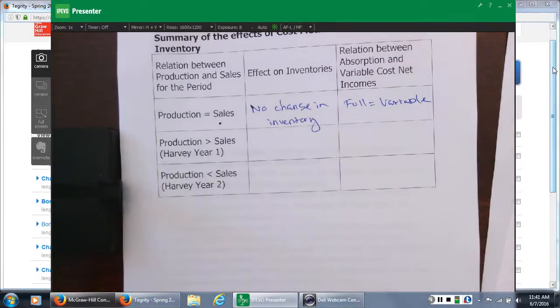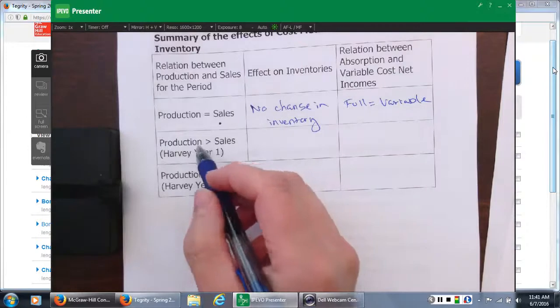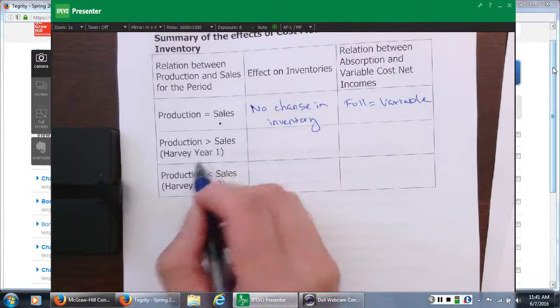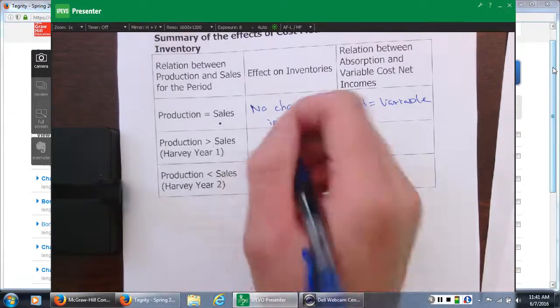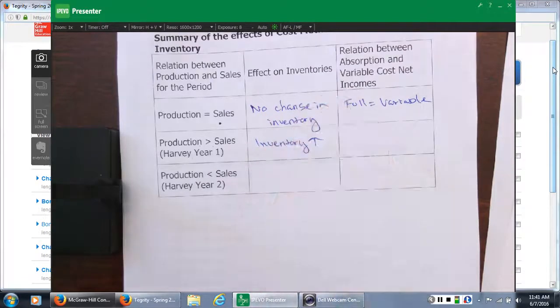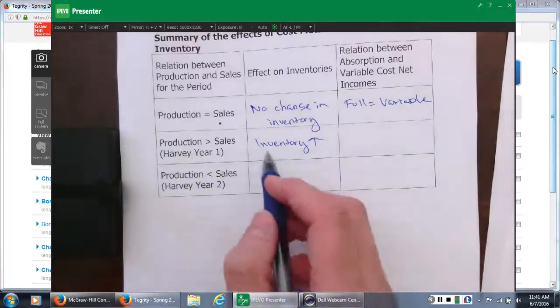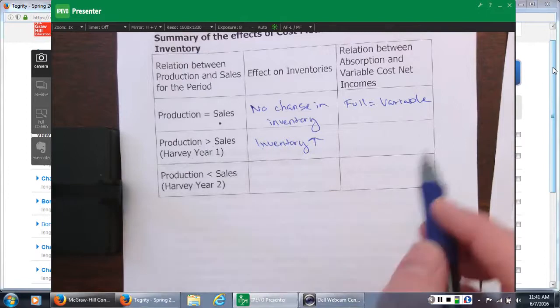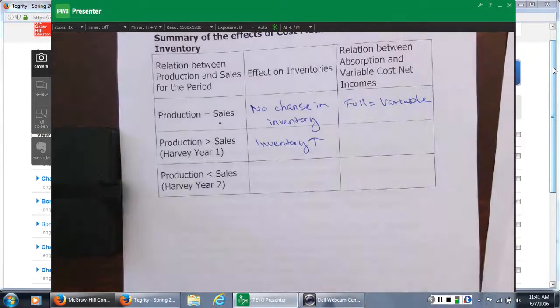Okay. We come over here and we say our production is greater than sales, which is what happened in year one of the Harvey. Inventory increases, right? Our ending inventory increases. And then what that does again is it moves some of that fixed overhead to ending inventory, which means we're going to defer it to the next accounting period when we sell those goods.